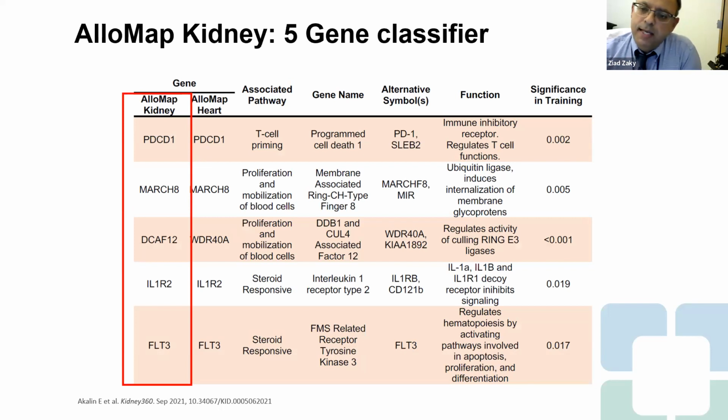Now, I have to give a disclaimer here: the final validation for using this test hasn't been completed yet. There is an ongoing study, called the KOR study, in which we combine both the donor-derived cell-free DNA and this gene expression profile, with some preliminary data, awaiting final data probably by the end of this year.